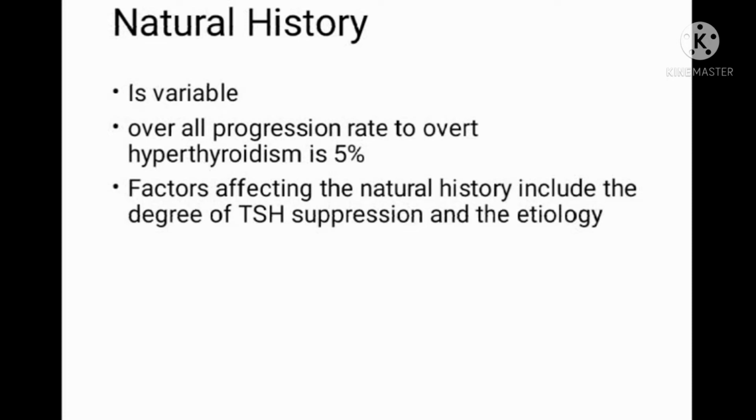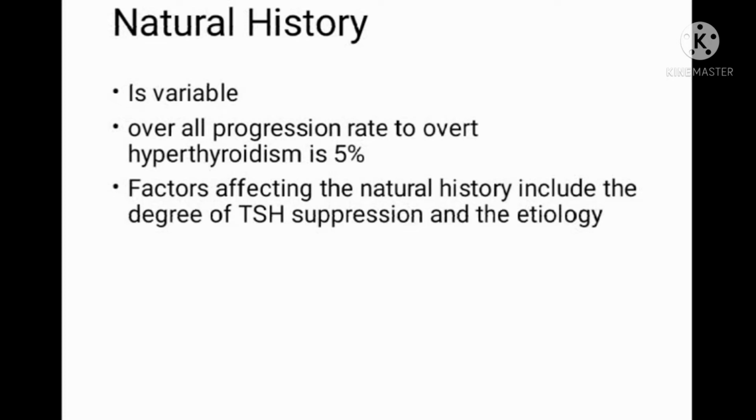As previously mentioned, patients having a suppressed thyroid stimulating hormone level, that means less than 0.1 milli international unit per liter, have a higher risk of progression than patients having grade 1 or mild subclinical hyperthyroidism.